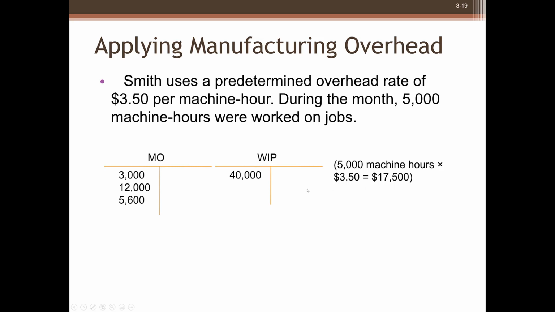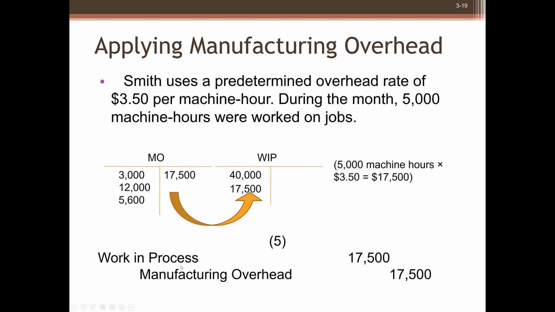We debit 17,500 to work in process and credit manufacturer overhead account. The journal entry here, we debit work in process and we credit MO for 17,500.